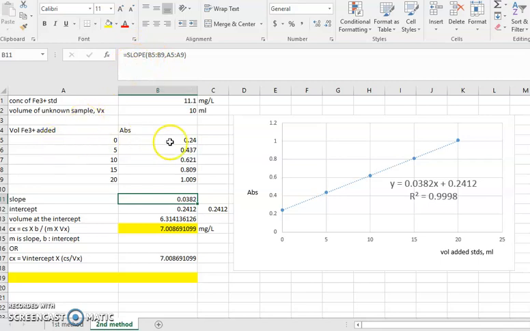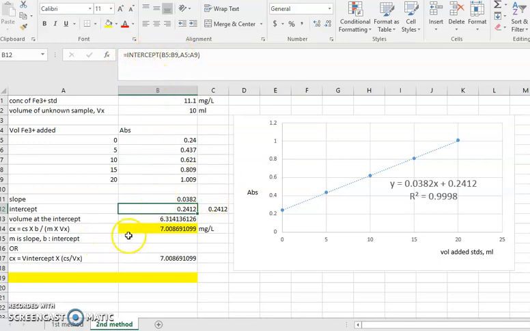Highlight the data sets of x and y, which in this case are volume and absorbance. Using a similar way, use the function to find the intercept and then calculate.